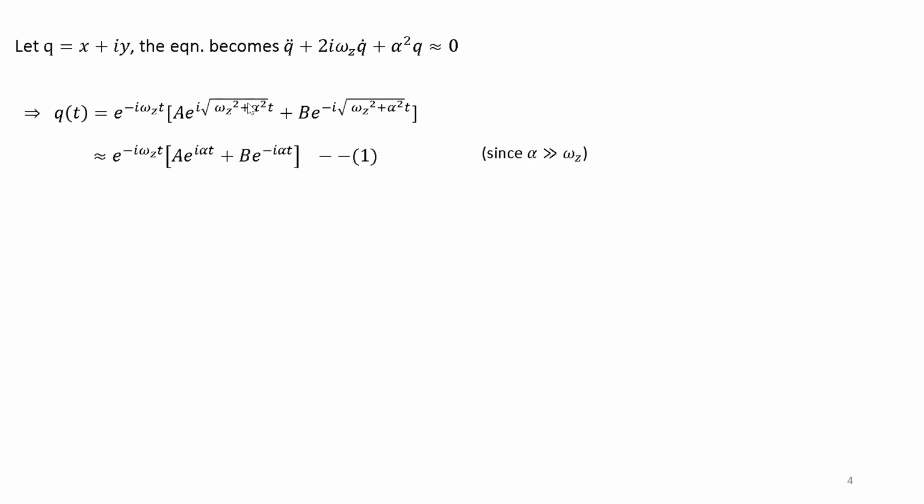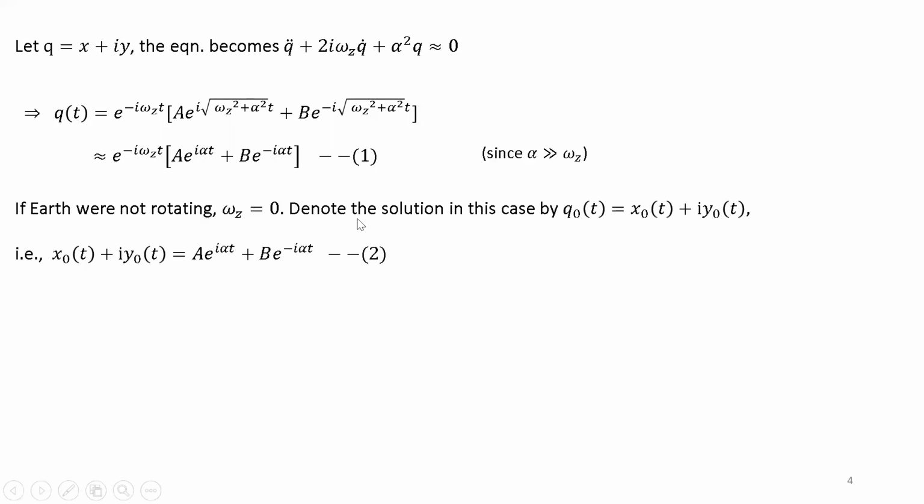Therefore, in this term, I simply write it as alpha and minus alpha. This is nice, using complex numbers to solve problems. But at the end, we are going to convert this back to the sine and cosine functions. Now if the Earth is not rotating, I set omega z equal to 0, and in this case I will denote the solution as Q naught, which is given by x naught plus i y naught.